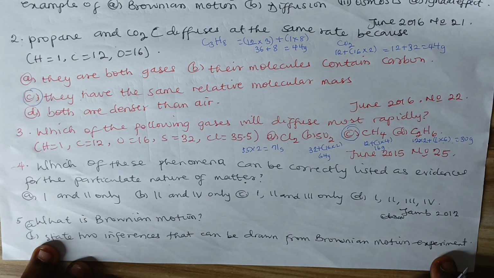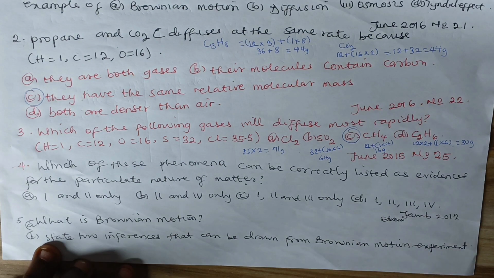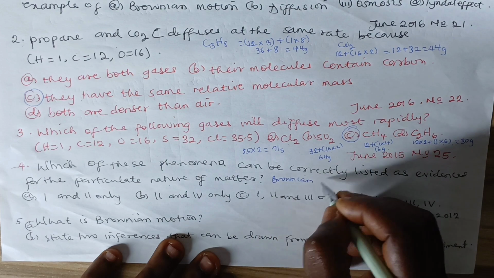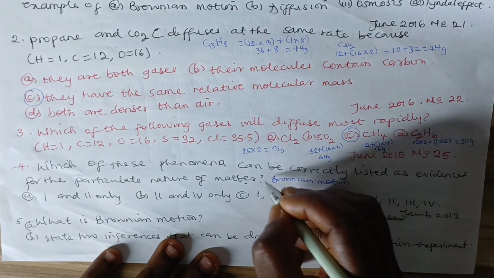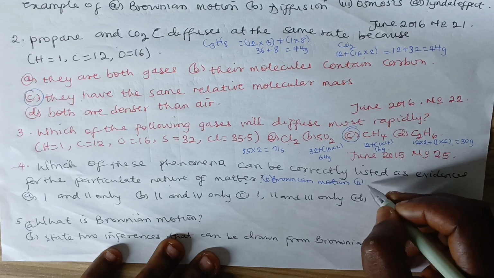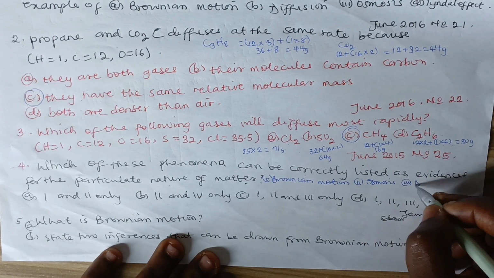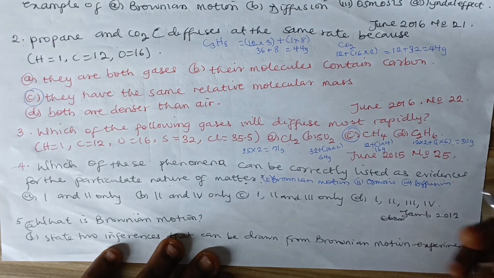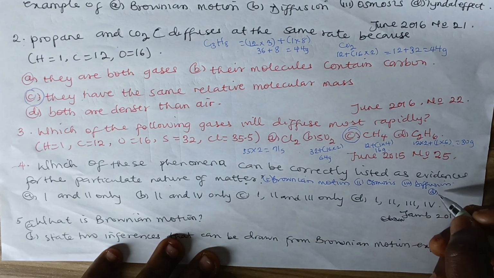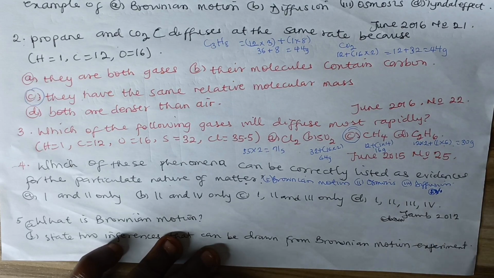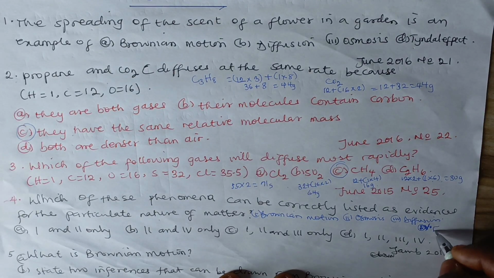The first option here is Brownian motion, the next is osmosis, the next one we have diffusion, and the last one here is evaporation.